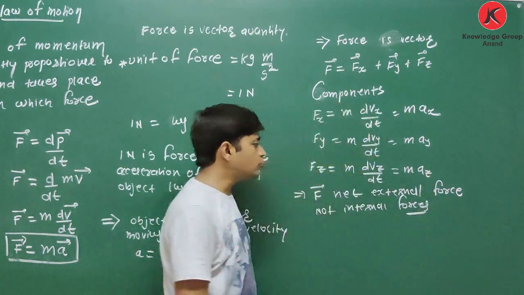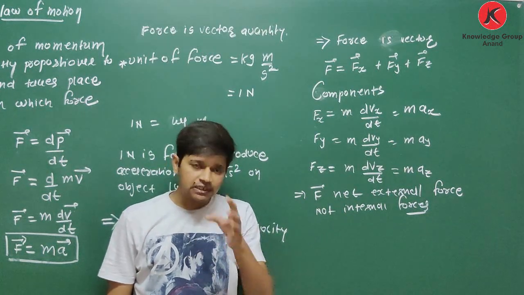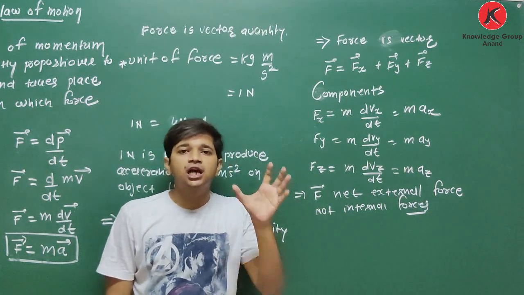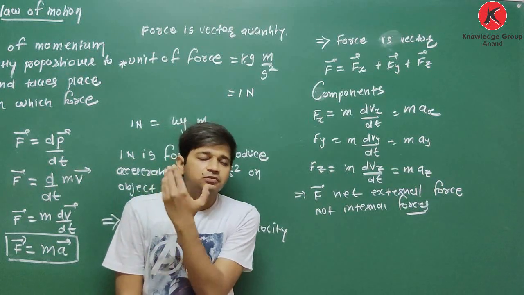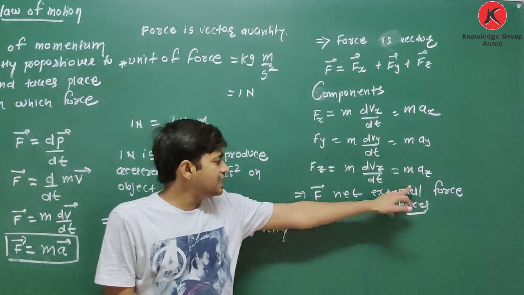We have to write the word external force. A system may have internal and external forces. To calculate this rate of change of momentum or acceleration, you have to take the force that is named external force, not internal force.